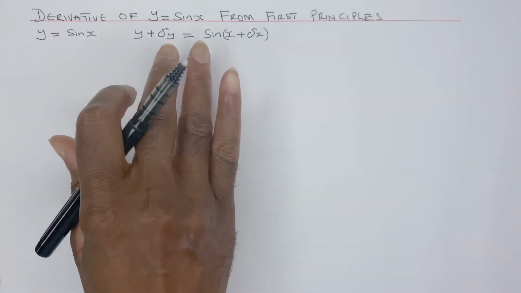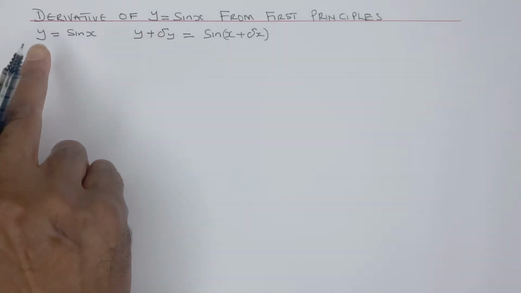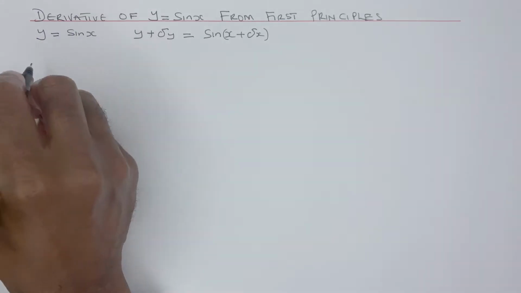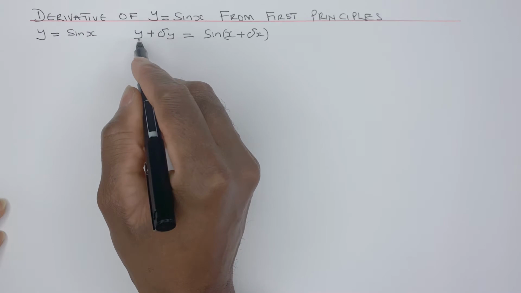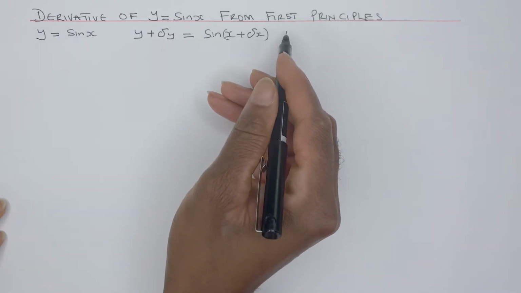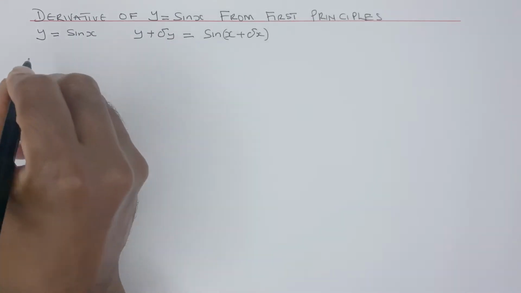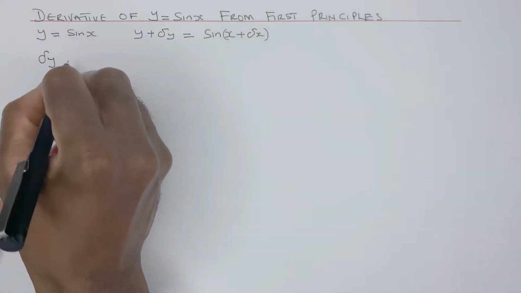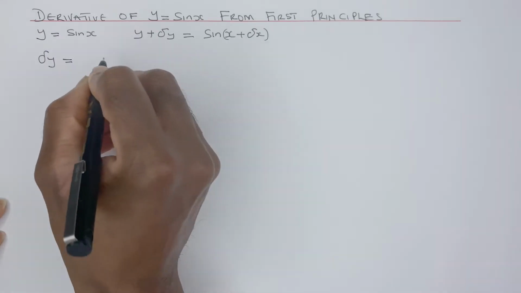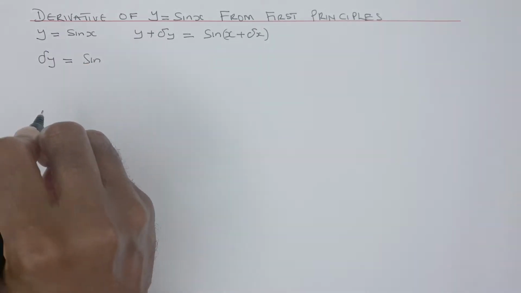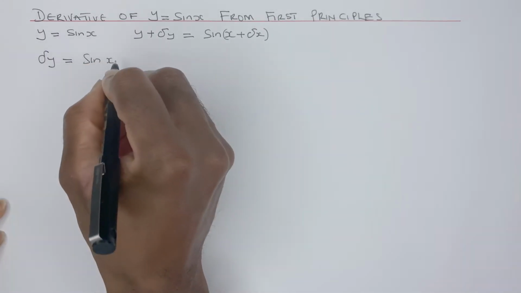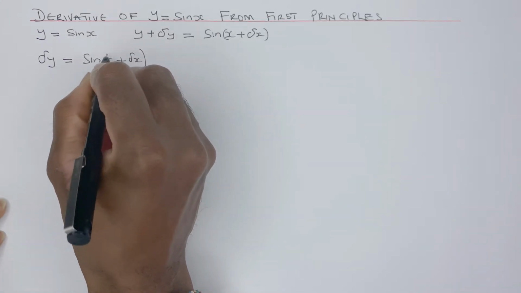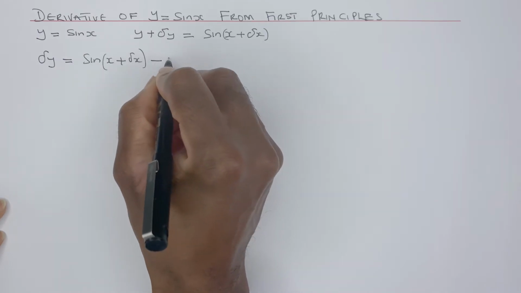Obviously, I want to take away the second point from the first point. So therefore, what I need to do is take my y and put it to the other side. So take away y from both sides. So I get delta y equals sine of x plus delta x minus y.